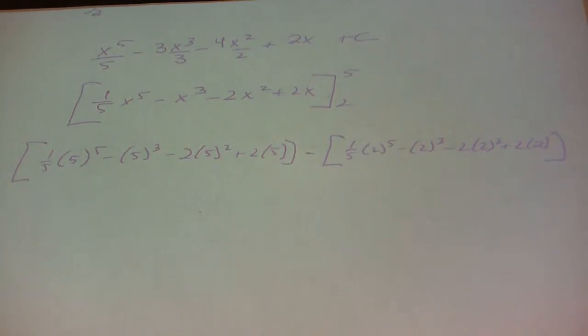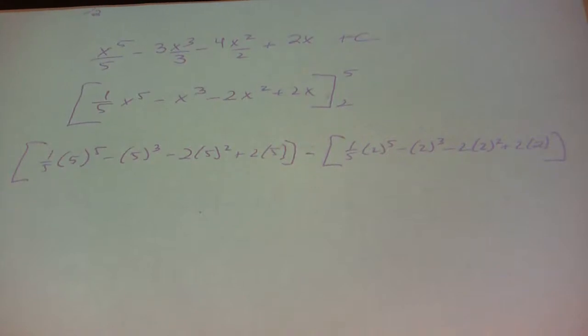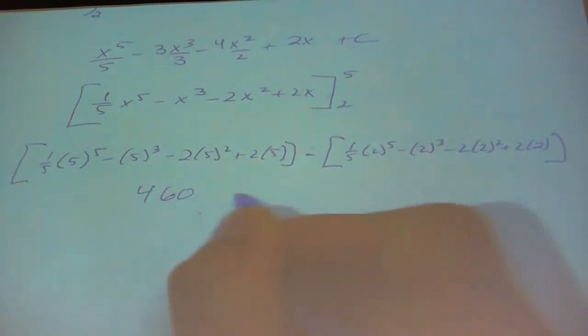Okay? So if you typed in the first one, 1/5 times 5 raised to the 5, minus 5 raised to the 3, minus 2 times 5 squared, plus 2 times 5. Again, double check, if one number is wrong, everything comes out wrong. What do we get for the first number? 460.